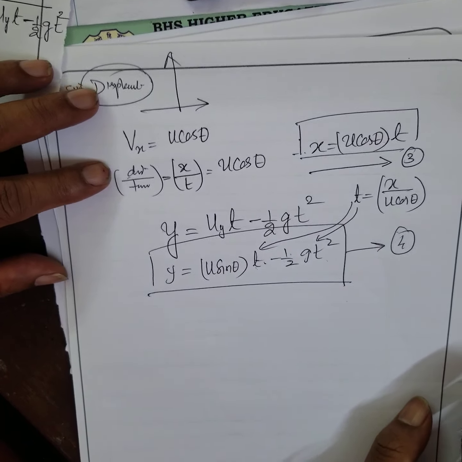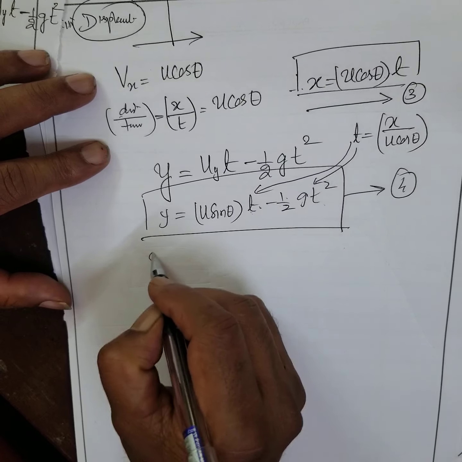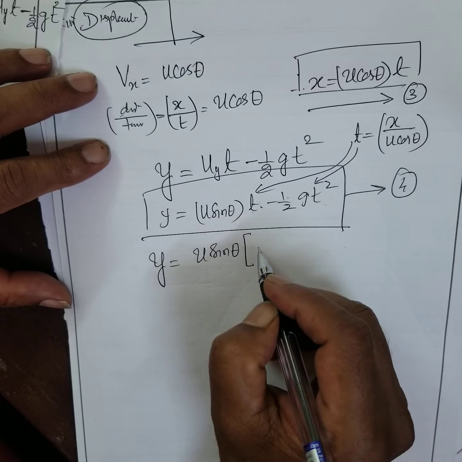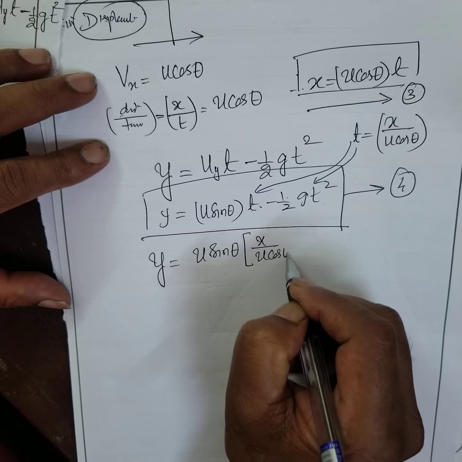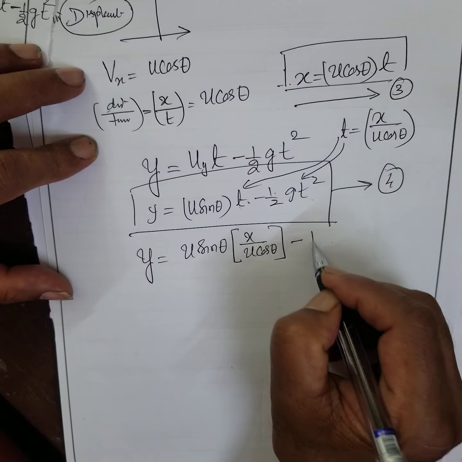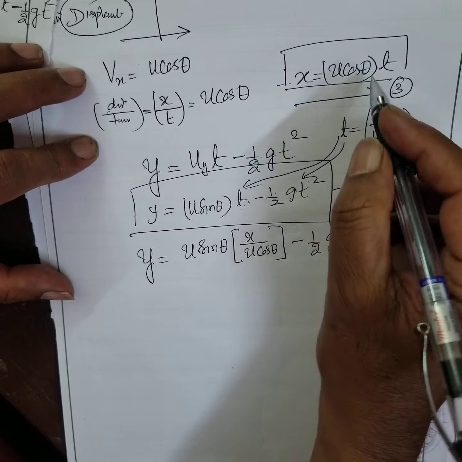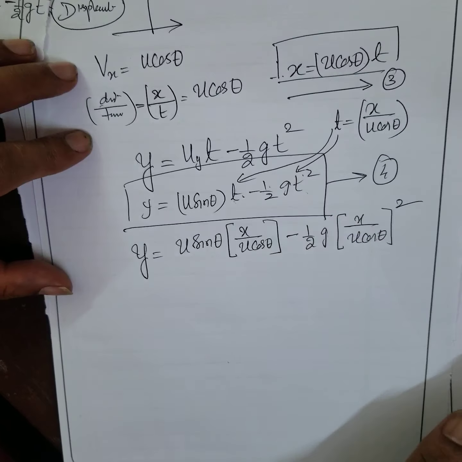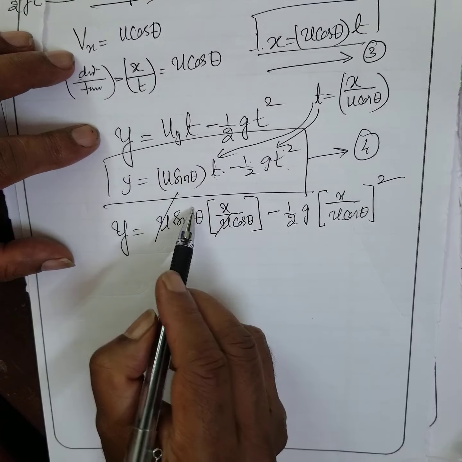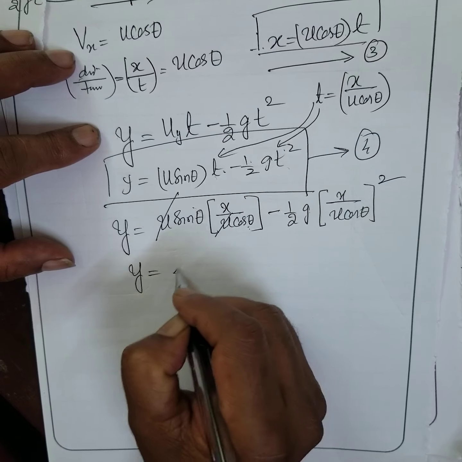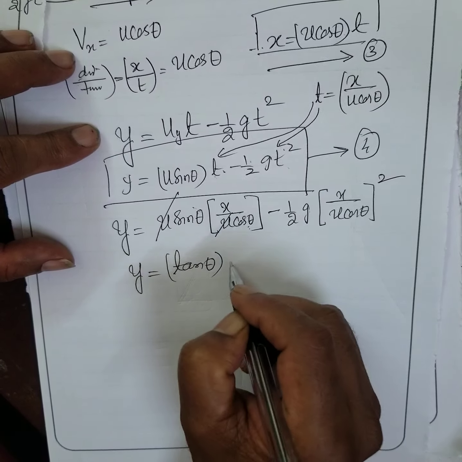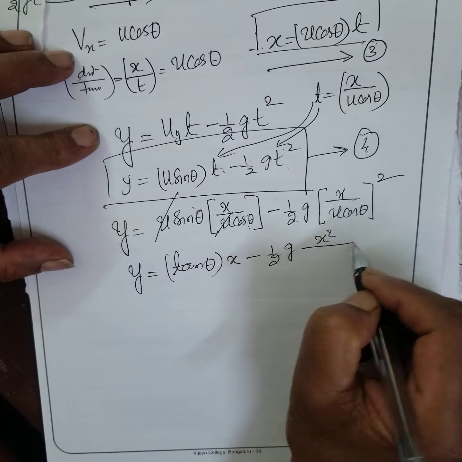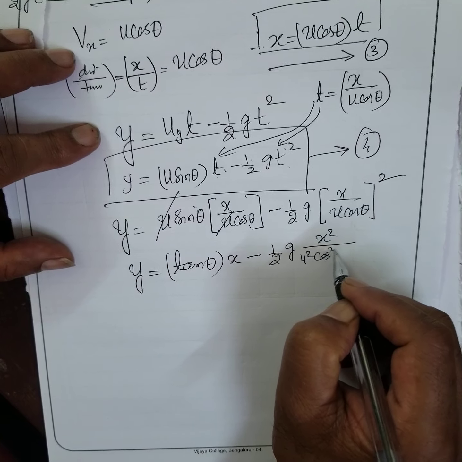Y is equal to u sin theta times x by u cos theta minus half g times x by u cos theta the whole square. Then u gets cancelled. Sin theta by cos theta is tan theta. Y is equal to tan theta x minus half g x square by u square cos square theta.